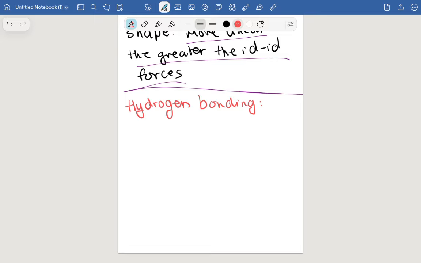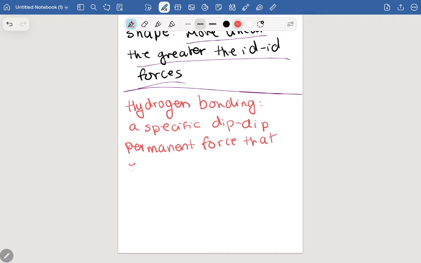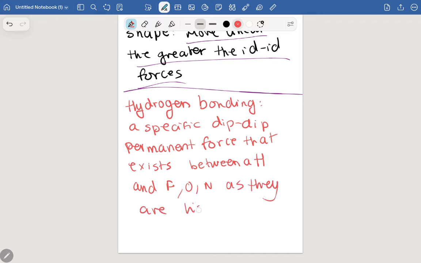So, okay, if they asked us what is hydrogen bonding, it is a specific permanent dipole force that exists between a hydrogen and fluorine, oxygen, and nitrogen, as they are highly electronegative.